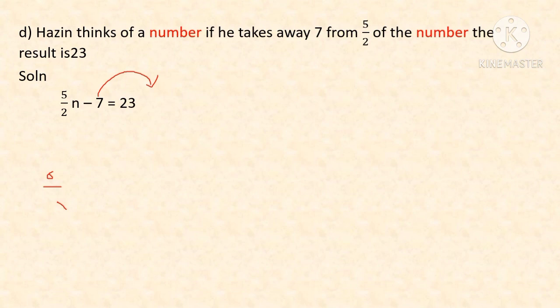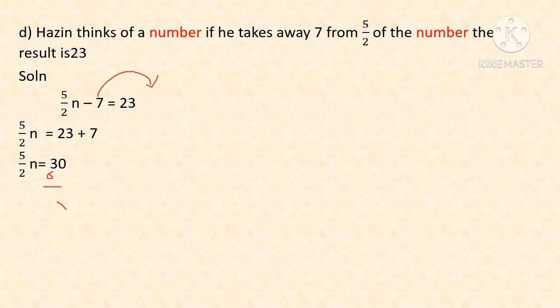5 by 2 n is equal to, when you bring this minus 7 to the right hand side, we will write as plus 7, right? So 5 by 2 n is equal to 23 plus 7, 30.